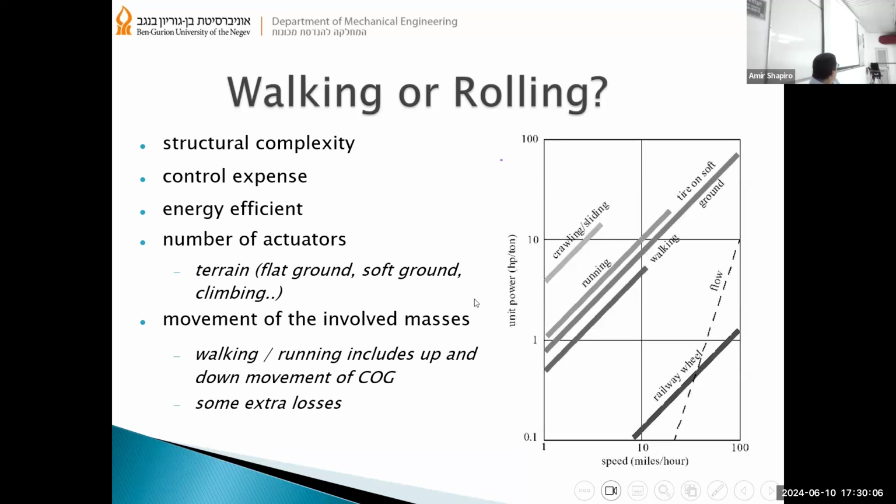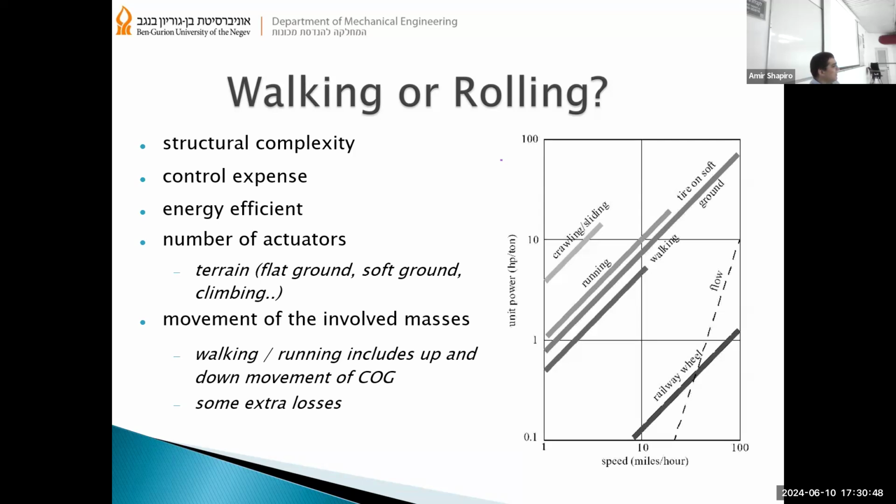There's the structural complexity, the control expenses, how much effort I have to put in order to move, the energy efficiency, sometimes it is called the cost of travel, something like that. Number of actuators. What is the kind of terrain? Is it flat, soft, or climbing?